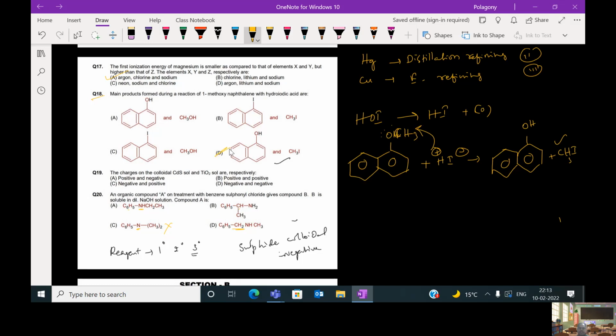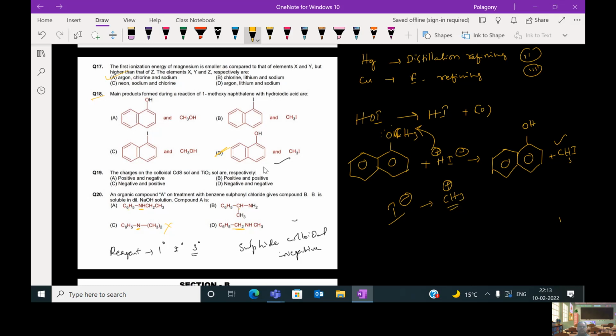So D is the right option we can choose, because iodide, the nucleophile, attacks the methyl carbocation, but not the naphthalene carbocation. The protonation is done here, and methyl iodide is the stable product.